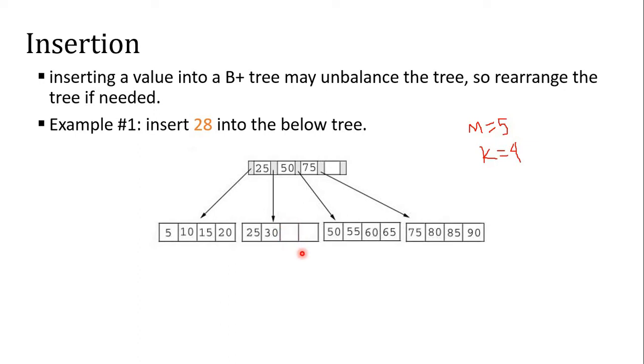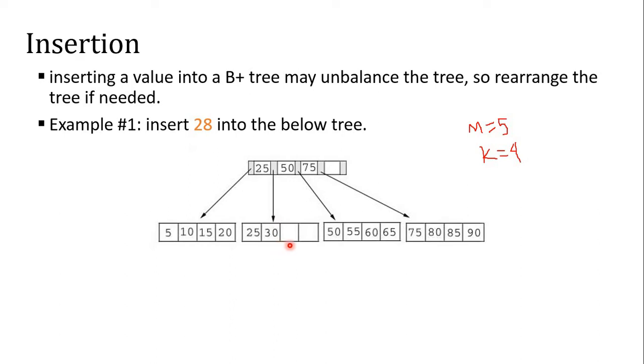Now if we want to insert 28, there is enough space here. After 25 and 30 there are 2 spaces, but whenever we insert some values, it should be in sorted order. So 28 will be inserted between 25 and 30.